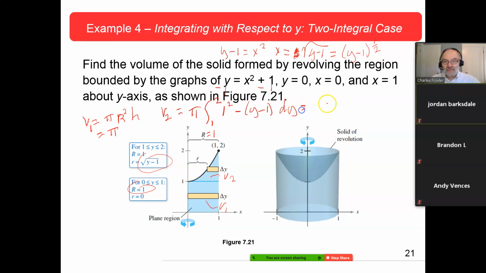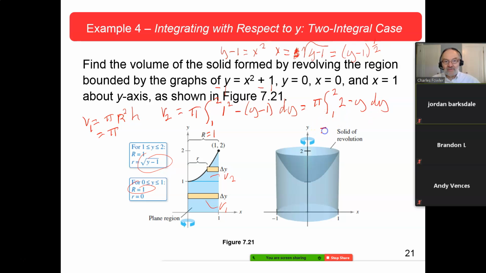So that actually becomes pi times the integral from 1 to 2 of 2 minus y, right? Because you have 1 minus a minus 1, which is plus 1. 1 plus 1 is 2, high level math today, minus y, dy.